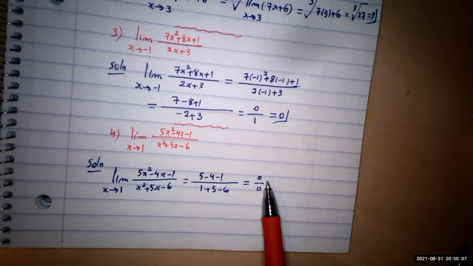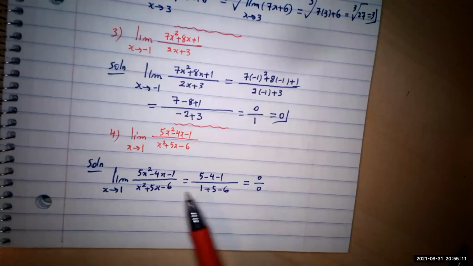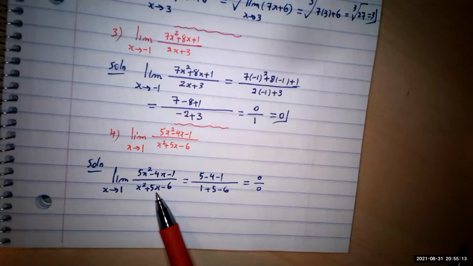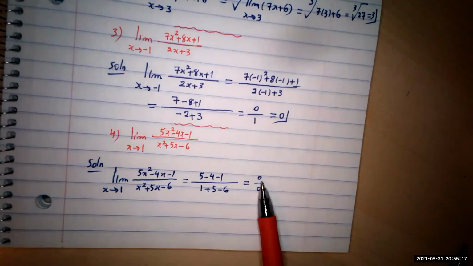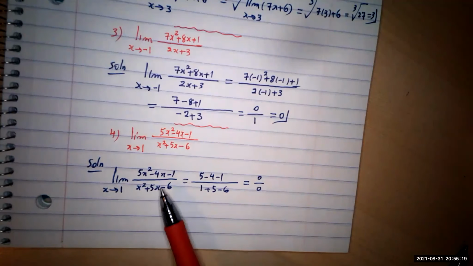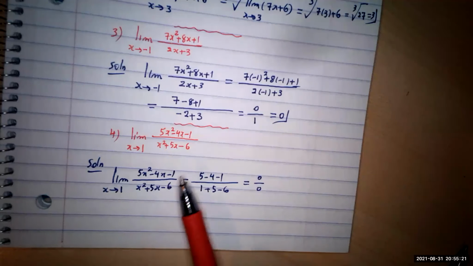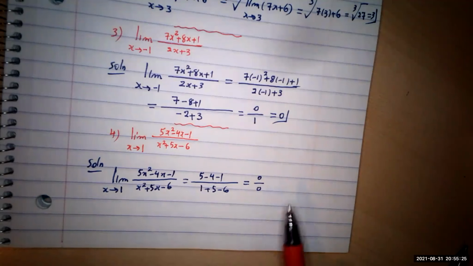So when we get this 0 over 0 in calculus, this means the top and the bottom have a common factor. That's why we get the 0 over 0. You have to find that common factor, eliminate it. When you eliminate it, you are not going to have a 0 over 0. You just substitute and then you get your result. This is how we're going to handle these types of problems.